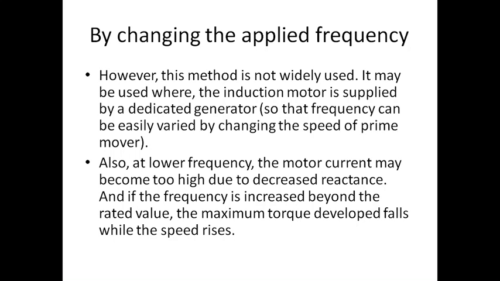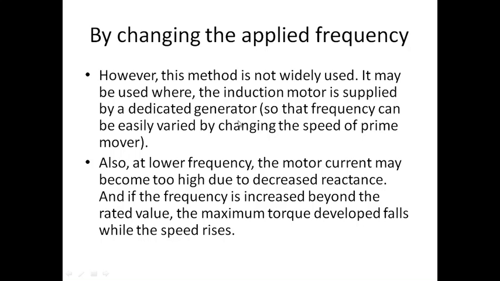This is not widely used. Why? Because whatever frequency I'm getting is constant. I could not change it, and it can't be varied without changing the speed of the prime mover. I have to change the condition of my prime mover only. So this particular method is not maximally used. It may be used when the induction motor is supplied by a dedicated generator.